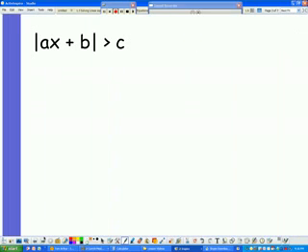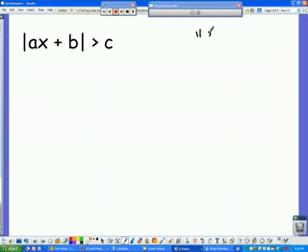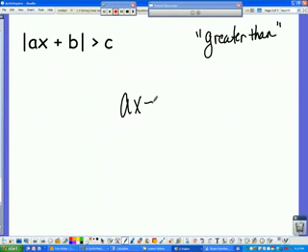The next rule is for greater than signs. On a greater than, same thing applies. You're going to rewrite the question as it is right now without absolute value bars. So ax plus b is greater than c.